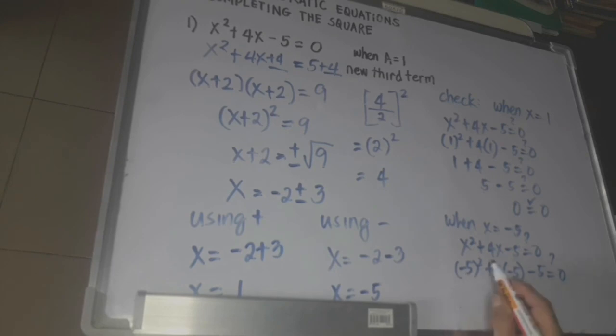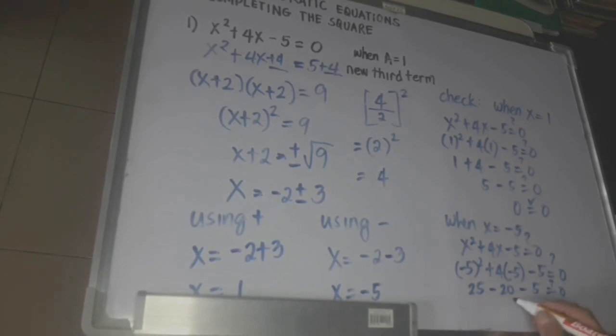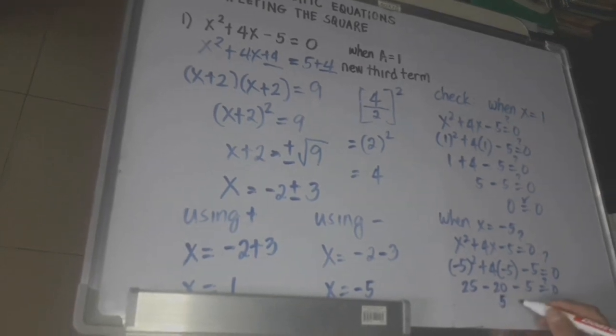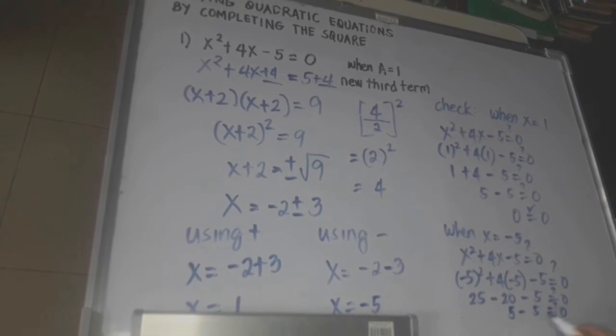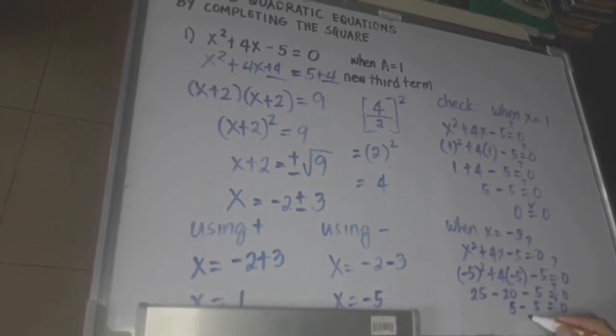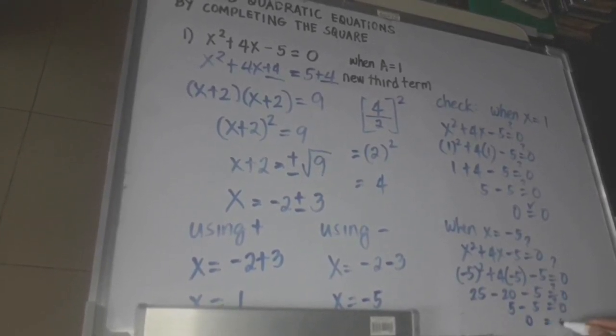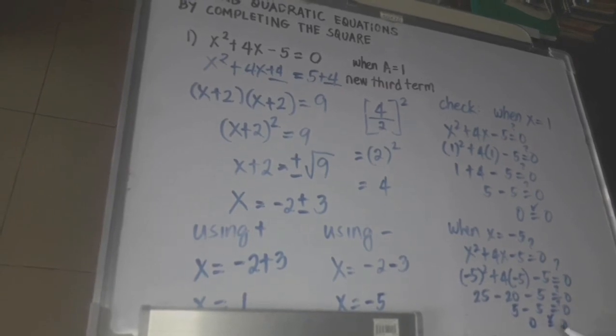Negative 5 squared is negative 5 times negative 5, which is positive 25. Positive 4 times negative 5 is negative 20. Minus 5 equals 0. 25 minus 20 is 5. Minus 5 equals 0. So 5 minus 5, 0 equals 0. And that is correct.